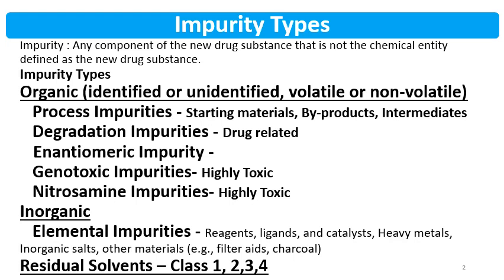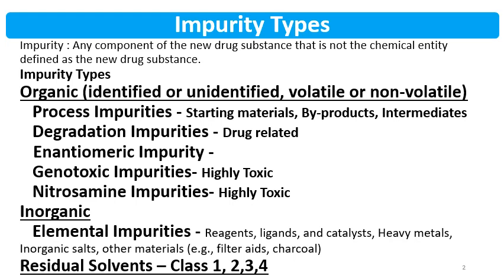Sometimes the drug may degrade and those degradation side products are called degradation impurities. Then enantiomeric impurities, as the name suggests, are the mirror images, like the enantiomers we have studied.